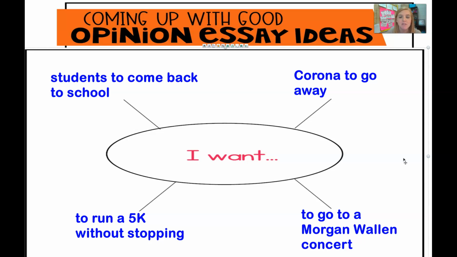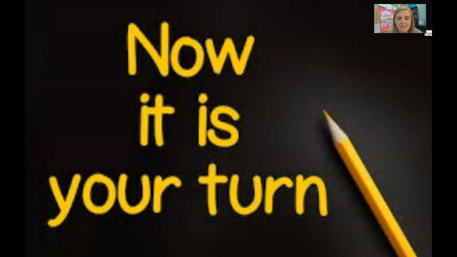I want you to think about 4 things that you want really, really badly, desperately, because these are going to help you generate strong opinions with good supporting details and reasons. Okay, so now your job is to head over to Seesaw, and you're going to get this same graphic organizer that I just completed about your wants.